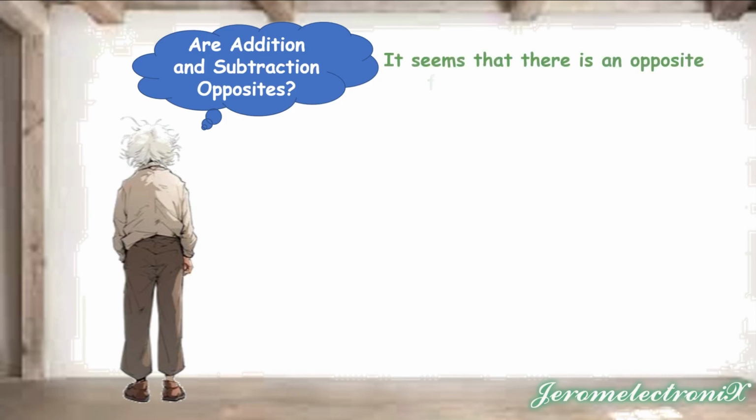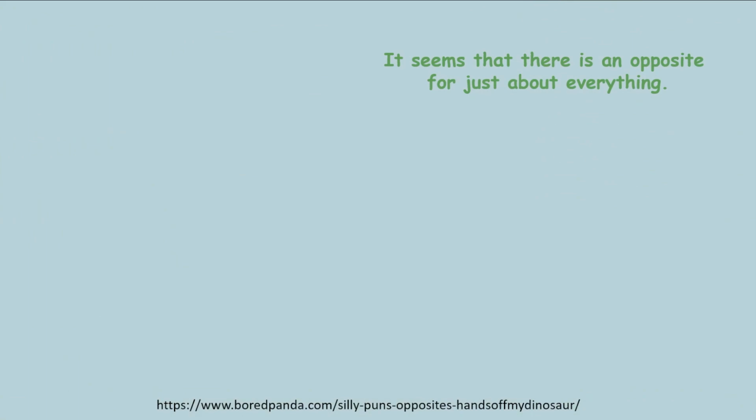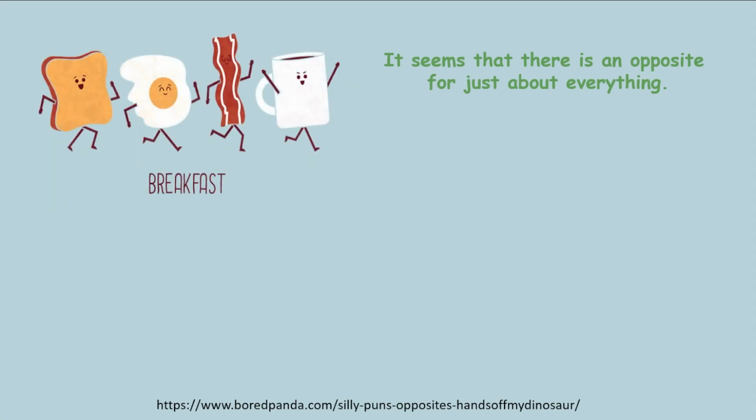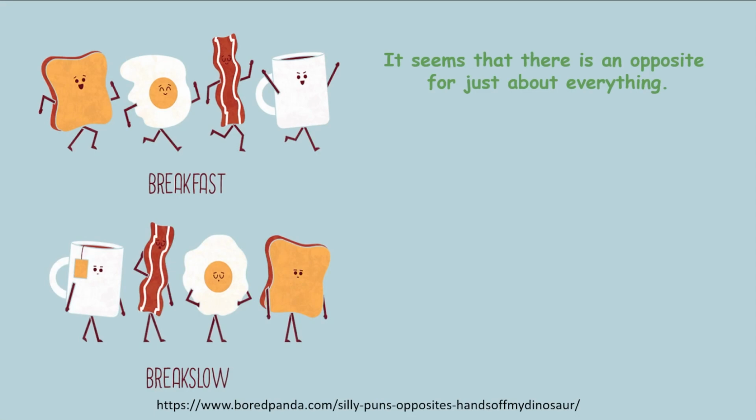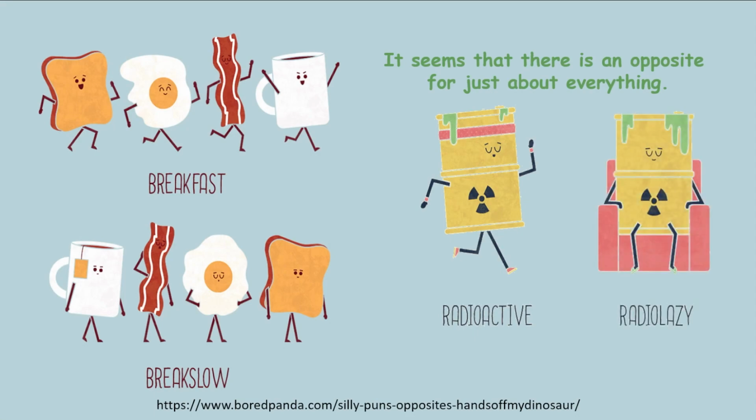It seems if you think about life, it seems that there's an opposite for just about everything. I found these fun little opposites slides at Board Panda, Silly Puns Opposites, Hands Off My Dinosaur. So, what's the opposite of breakfast? Break slow. Right, you getting the idea. Radioactive, what's the opposite of radioactive? My students get this so fast. Radio lazy.